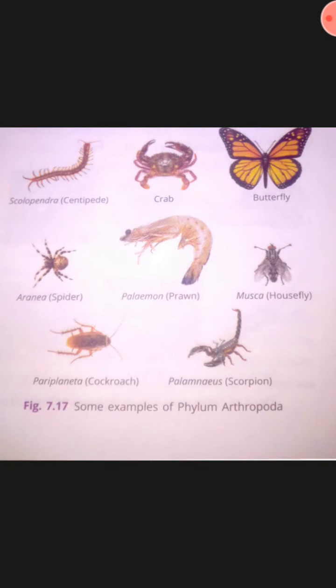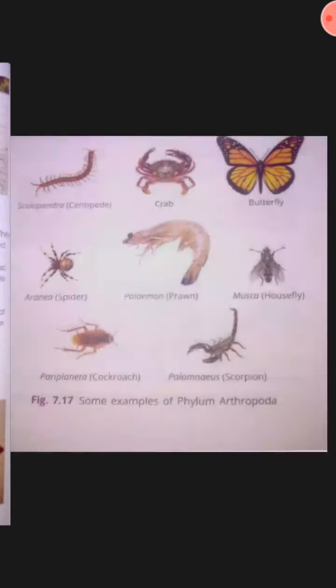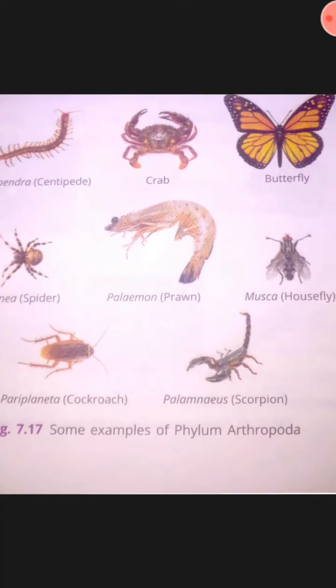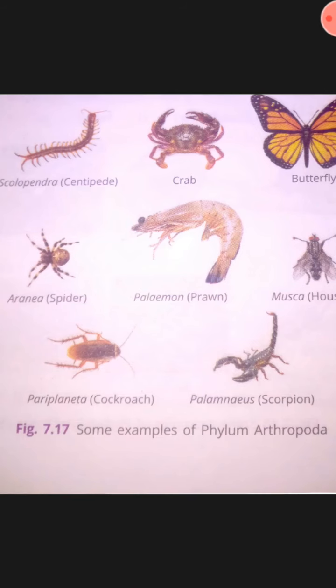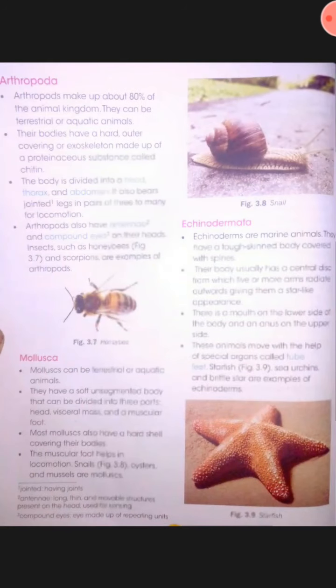Then examples of arthropods, these are all arthropod examples. Arthropods are divided into many classes, but that is beyond the syllabus, so I am not discussing it. But there are many examples, so this phylum is known as the largest phylum.